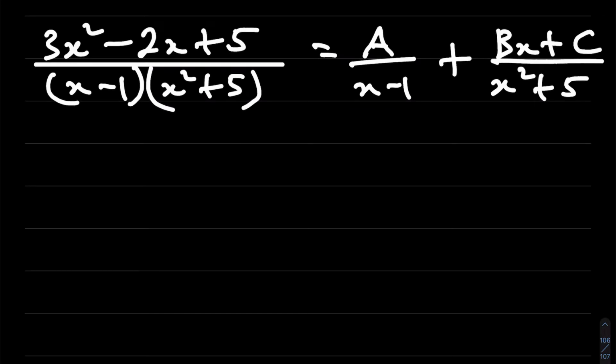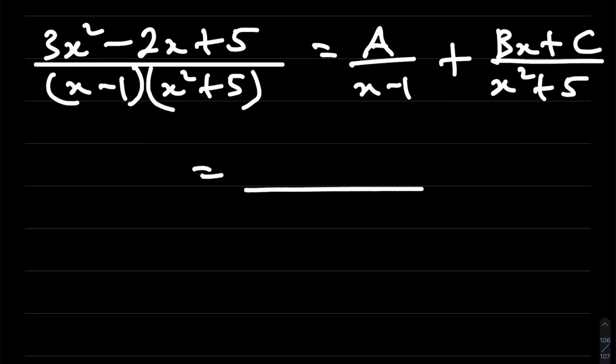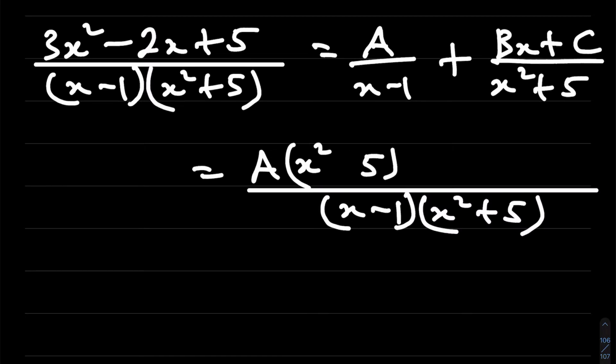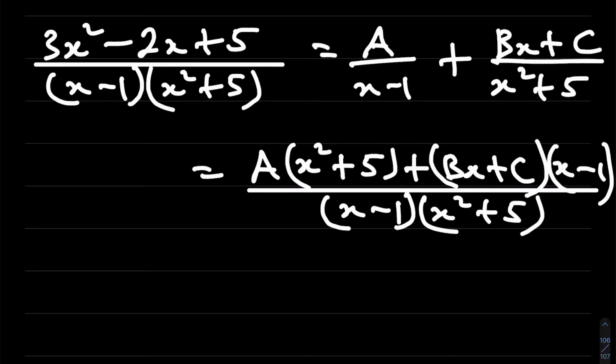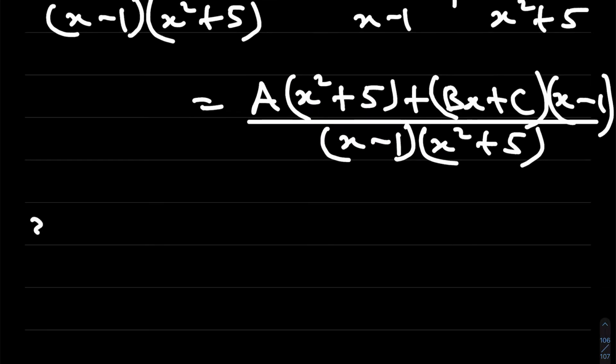And that simply means the LCM of the denominators is still (x minus 1) into (x squared plus 5), and the numerator will be A into (x squared plus 5) plus (Bx plus C) into (x minus 1), which simply means the numerators are equivalent.